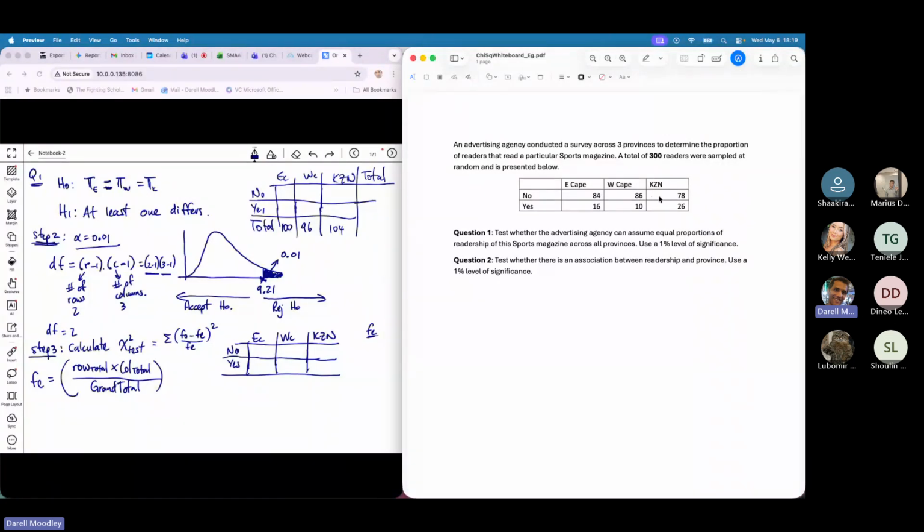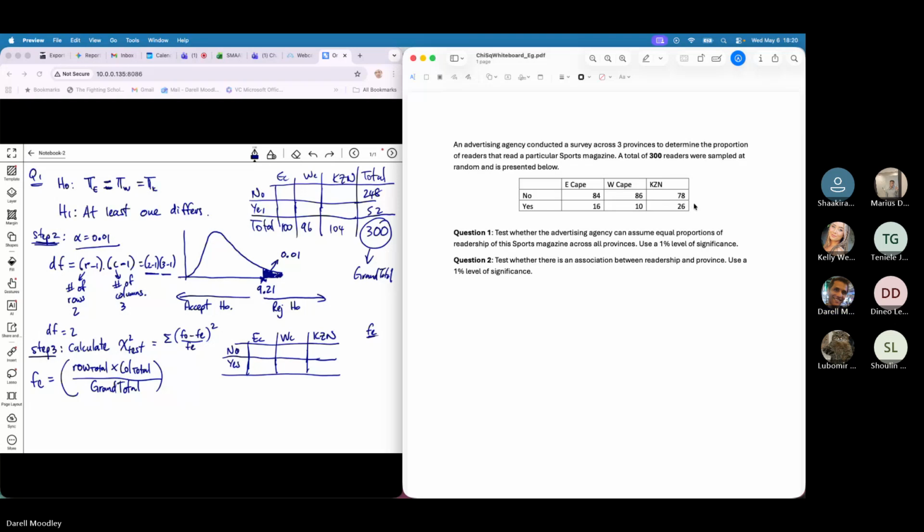If you add those three up, you get 248. The same thing if you add up all the values for yes: you get 52. And if you add every single value in this table all together, you have 300. That's your grand total.